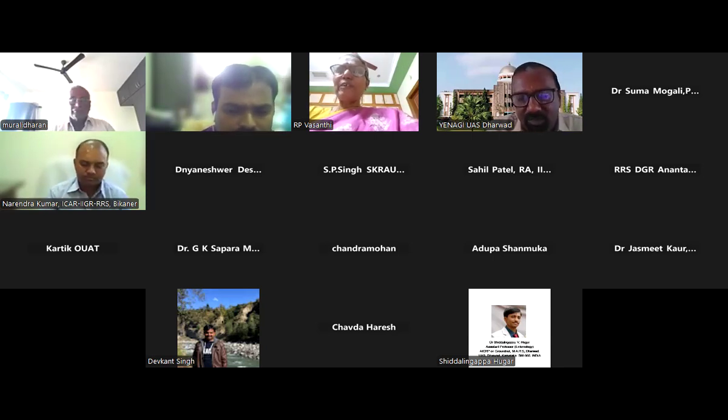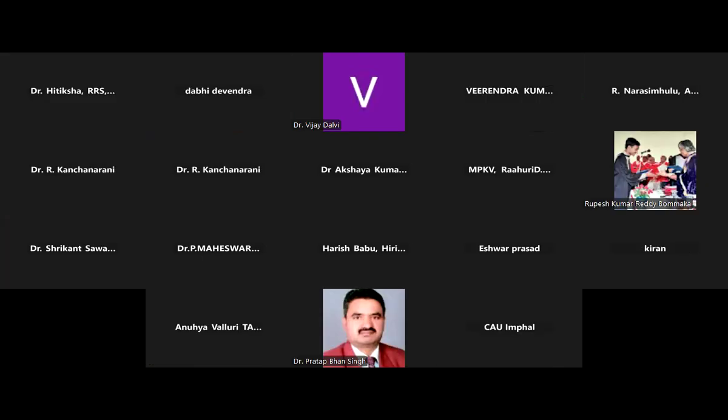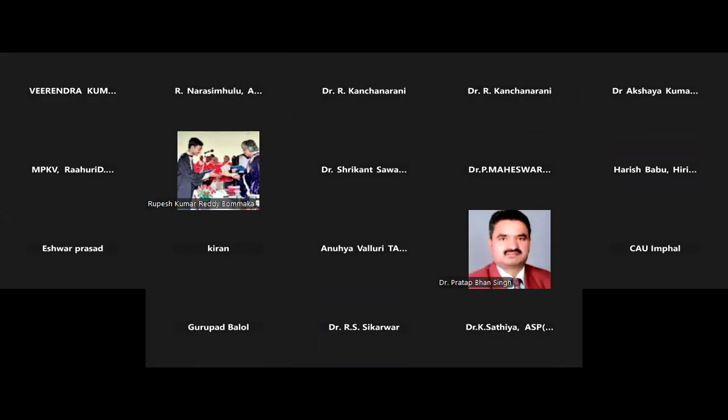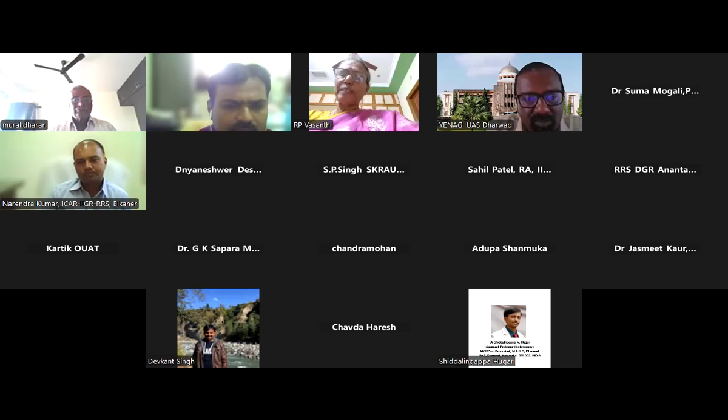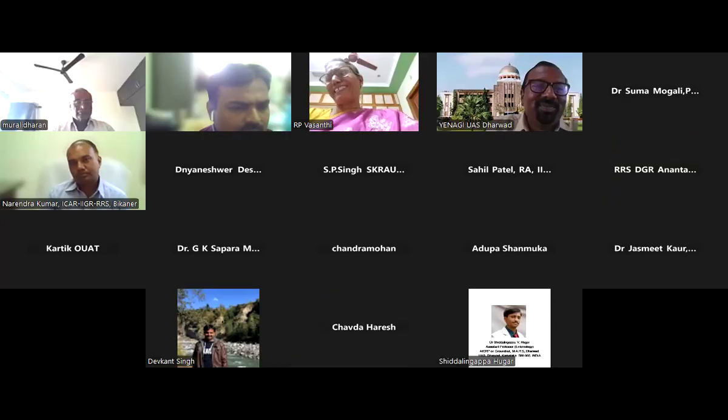We have very good varieties, location specific. We have to use them. They may not be pan-Indian varieties suitable for all situations, but they have yield advantage, resistance and other things also. They are really good varieties, no doubt, but they may not be pan-Indian varieties.